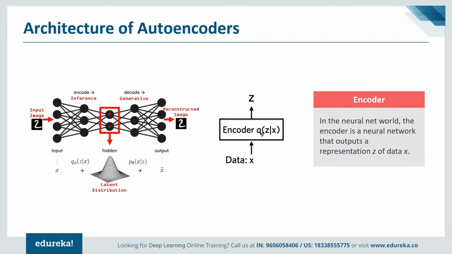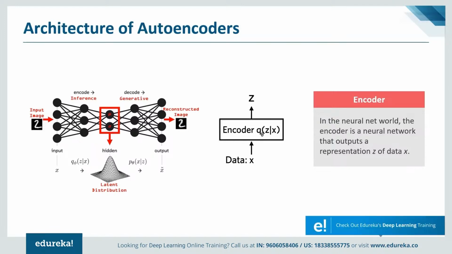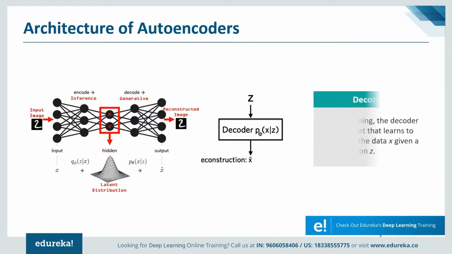The encoder encodes the data, which is 784 dimensional, into a latent representation space Z, which is much less than 784 dimensions. Now, this is typically referred to as a bottleneck because the encoder must learn an efficient compression of the data into this lower dimensional space. Next is the decoder. The decoder is another neural net. Its input is the representation Z.